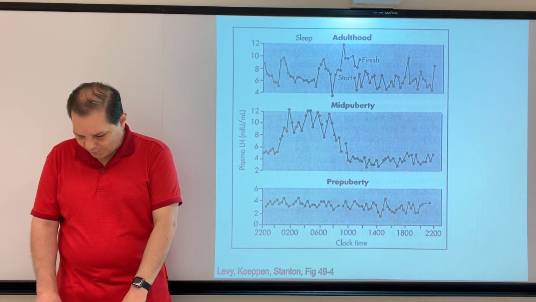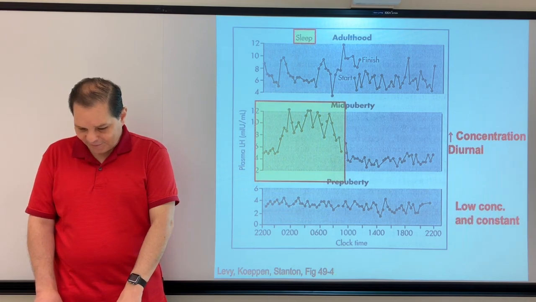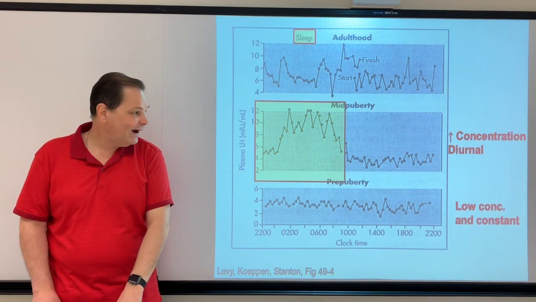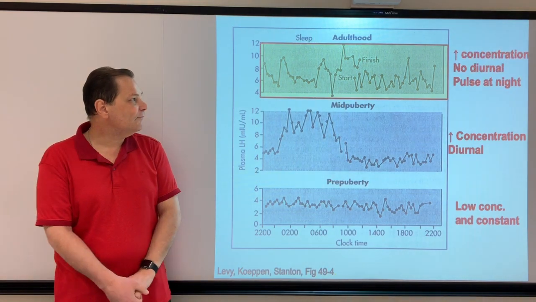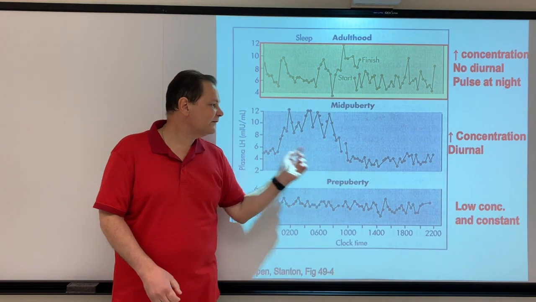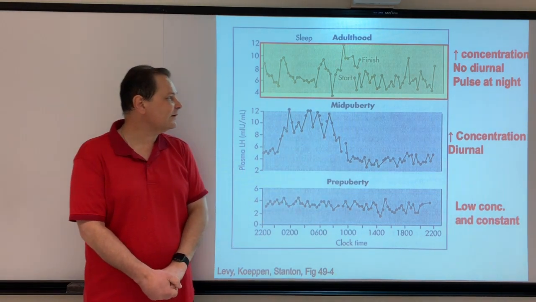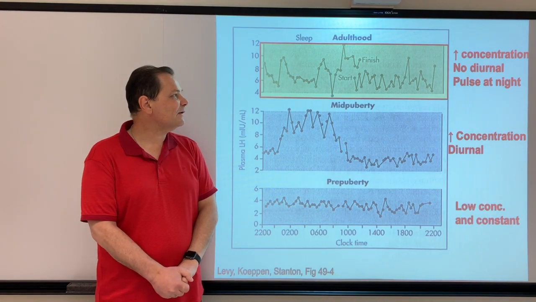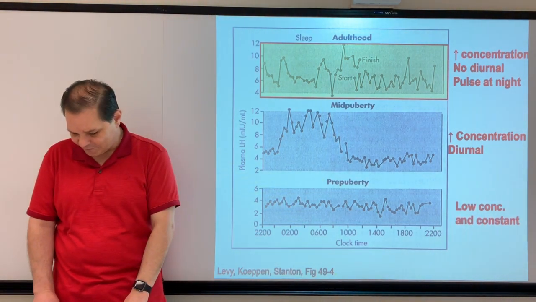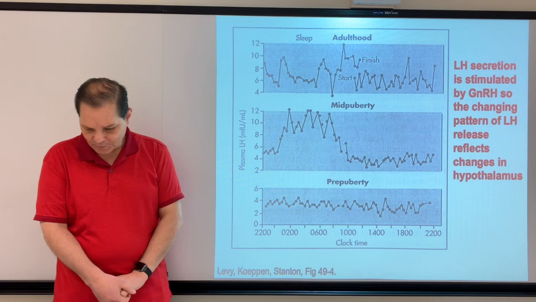Okay? So, and again, low concentration, then a high concentration at night, diurnal, meaning it varies at night versus during the day. And then you have pulses at night, but a relatively steady, high concentration in adulthood. Okay?